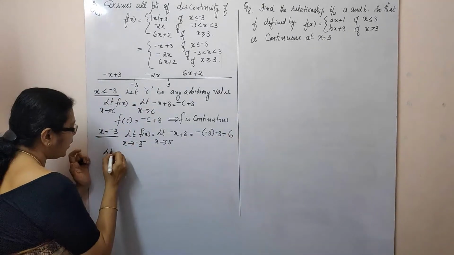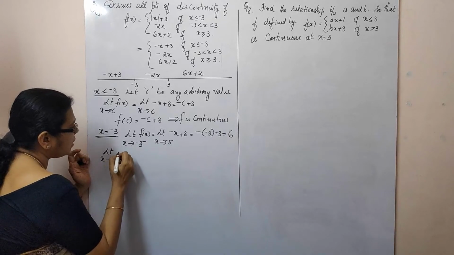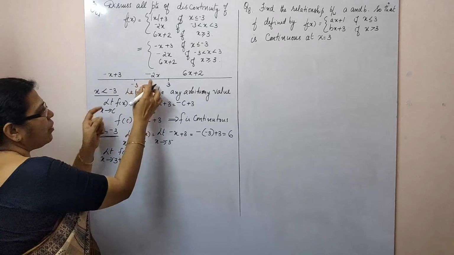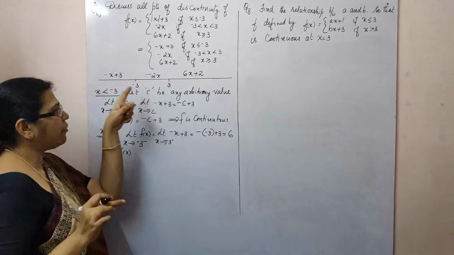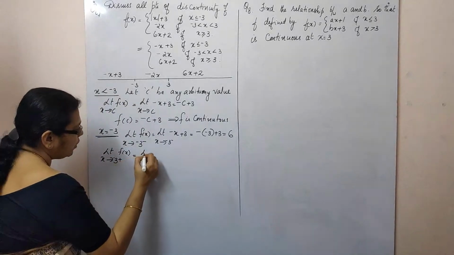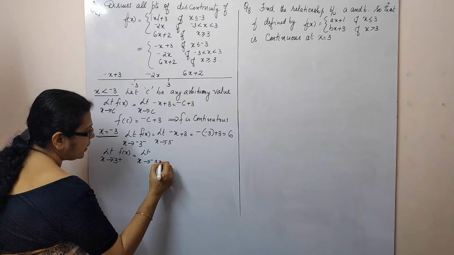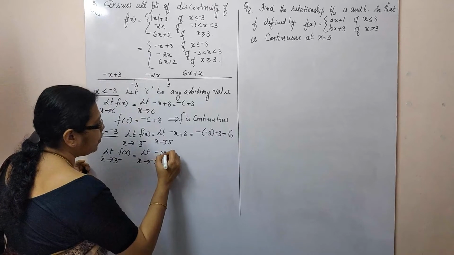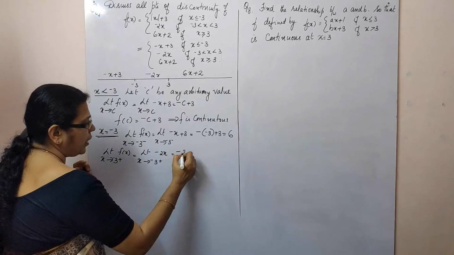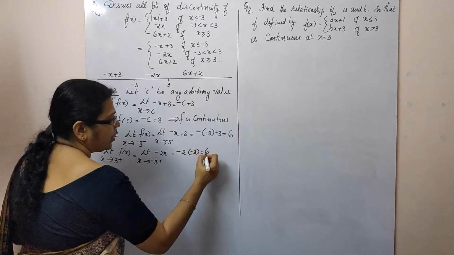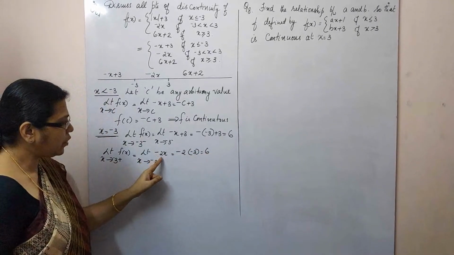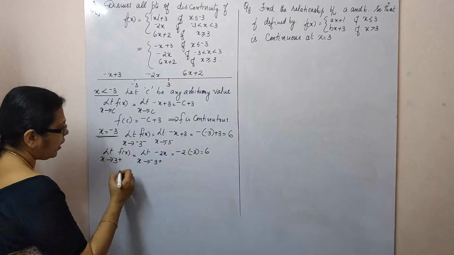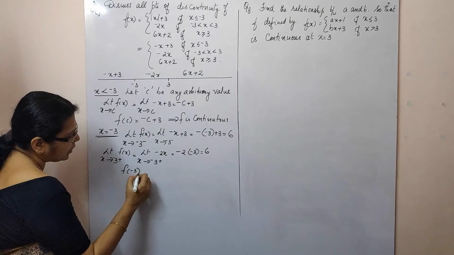Now, moving on to the next part, limit x tends to minus 3 plus of f of x. The value of x is moving to negative 3 from the right hand side. From the right hand side, the function there is minus 2 into x. Minus 2 into negative 3 is equal to 6 again. Now, what about f of negative 3?